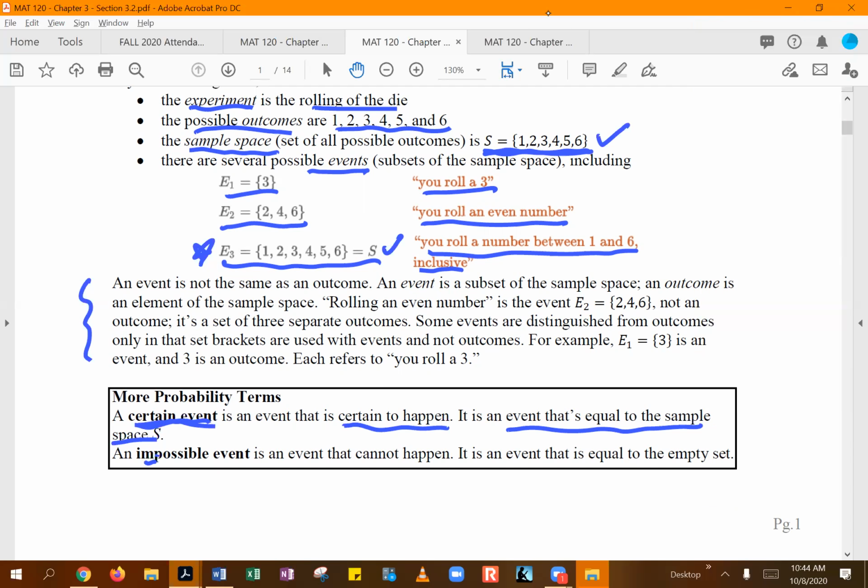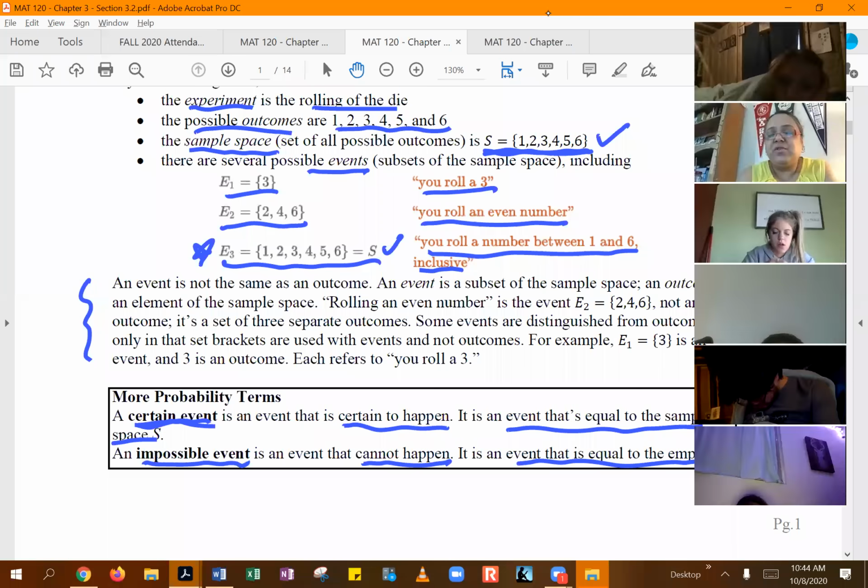An impossible event would be something that obviously cannot happen. This is an event which would be equal to an empty set. If you talked about rolling a 6-face die and getting a number 9, that's an impossible event, because if you only have 6 faces on this die, you can get numbers 1 through 6.